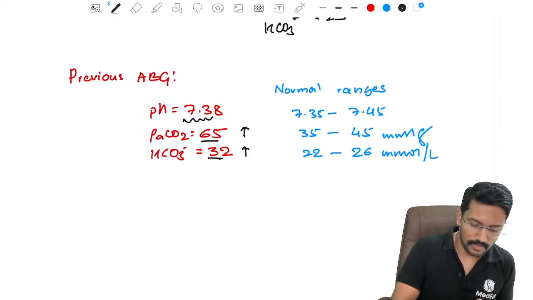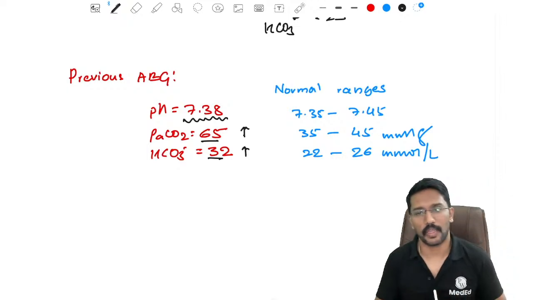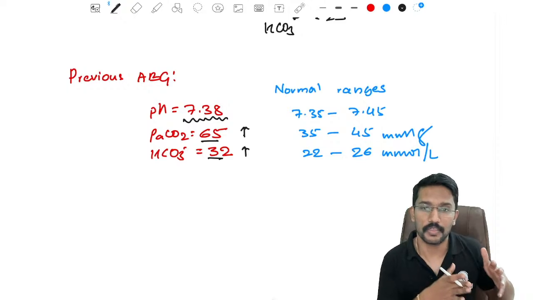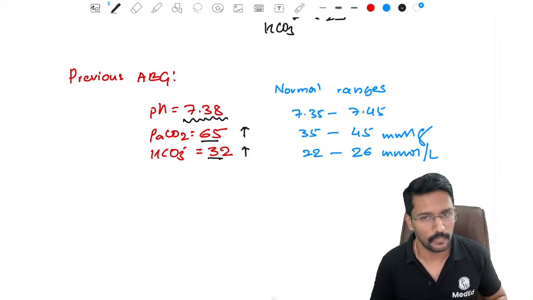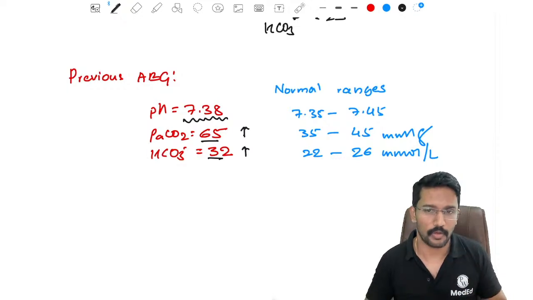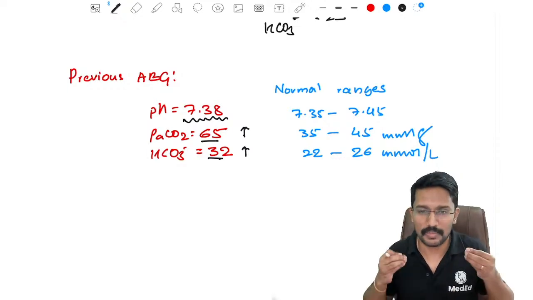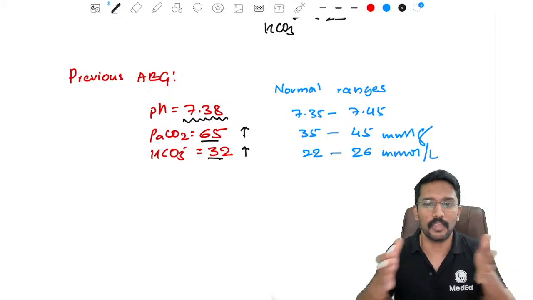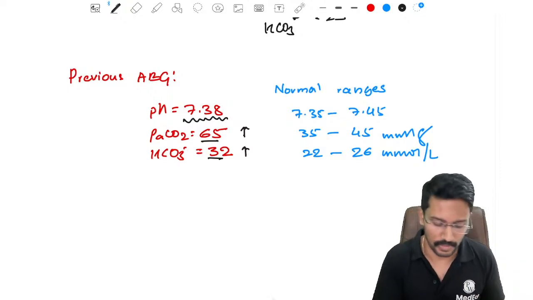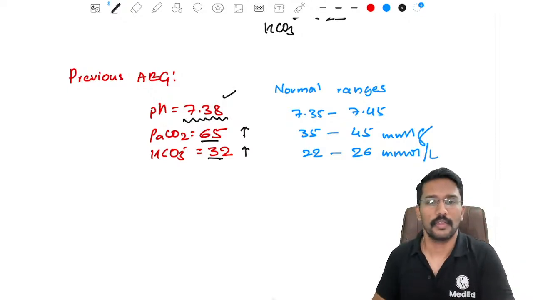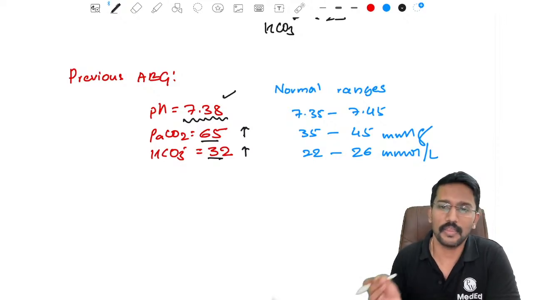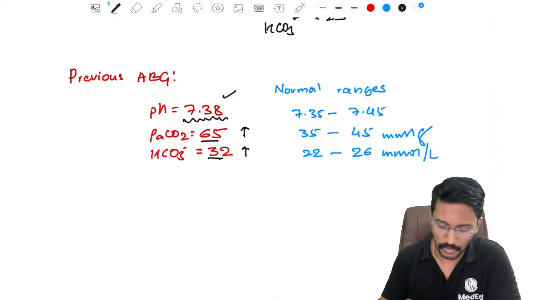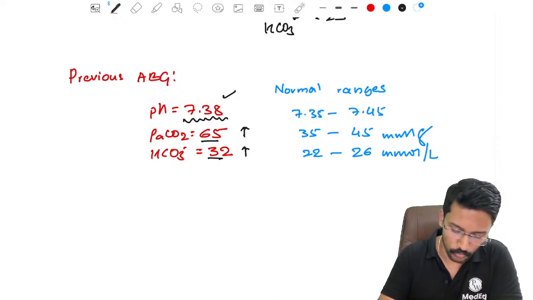Because here there is a compensatory mechanism which is putting the pH back to normalcy. So there is an ABG abnormality, but the compensatory mechanism has been able enough to get the pH back to the normal range. Now the question is how to identify whether I have acidosis or alkalosis, right? So for that, remember we use 7.4 as the cutoff.